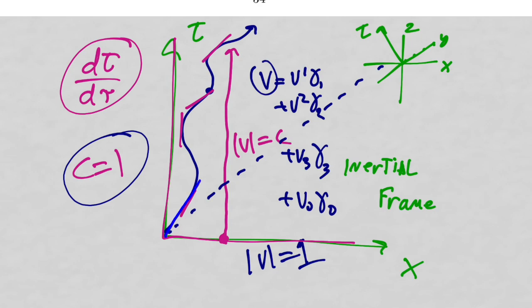There's an object that might be moving at uniform velocity in the green inertial frame, and you have this blue object. Well, we can transfer to that blue inertial frame and find a new frame where we're motionless with respect to this moving object.